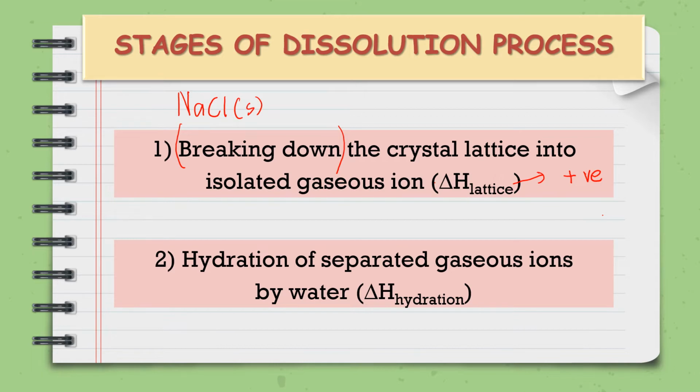The second one is the hydration of the separated gaseous ions. So, in the first part, the NaCl will break down into its ions, Na plus and Cl minus. But when we talk about lattice enthalpy, lattice energy, the ions will always be in gaseous state.